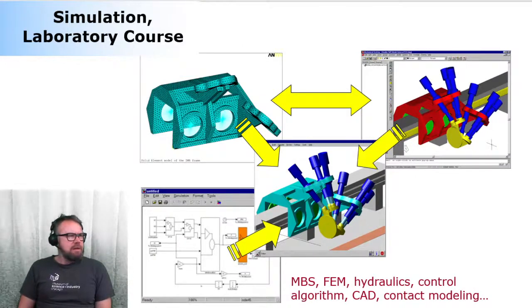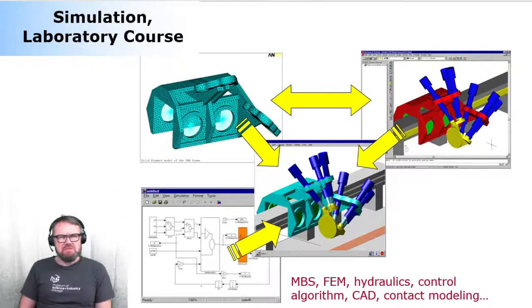Some of the companies that make commercial software sometimes don't call it coupled simulation or co-simulation, but simulation of multiphysics. Multiphysics is sometimes used, meaning again that we are combining different disciplines together. All right, and then moving on.